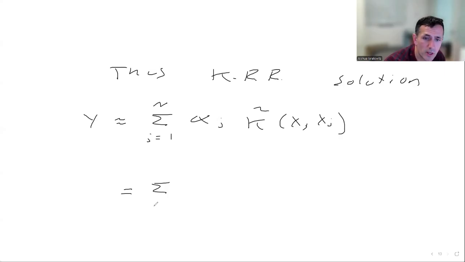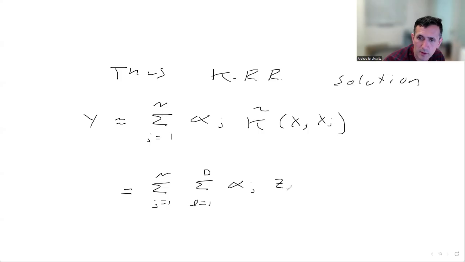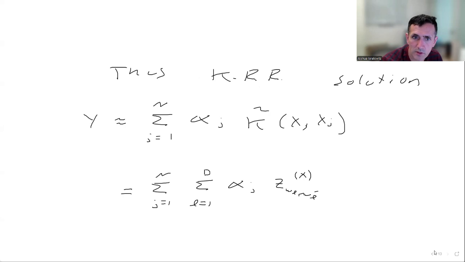I'm going to first do the sum over j equals 1 to n, l equals 1 to d, alpha j, it's this z, l, l prime, x, and this is x j.